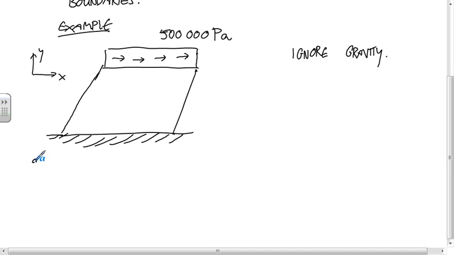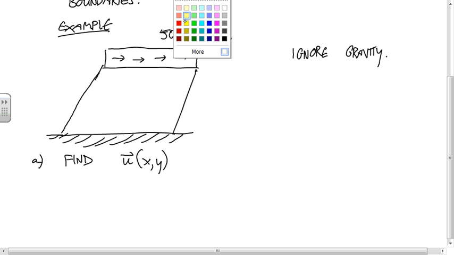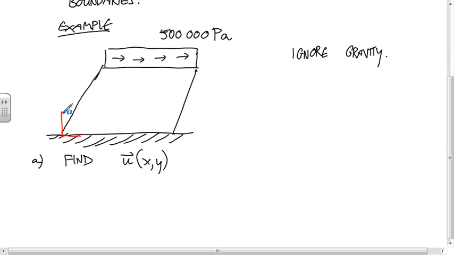So we want to do 2 things. Let's say that first we want to find the displacement vector as a function of x and y. And actually, this is the coordinate system orientation we're going to use, but let's put it down at the bottom. So let's put the coordinate system down here at this corner.